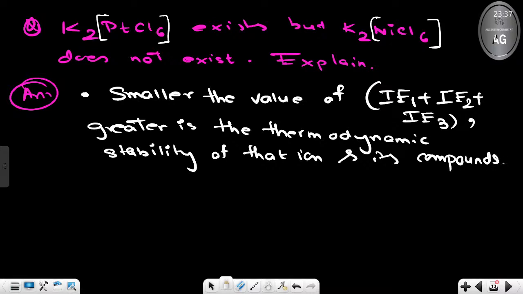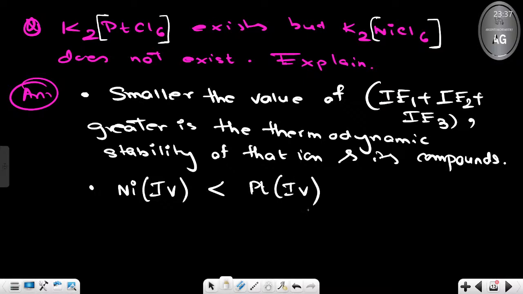Did you understand? So by summing IE1 plus IE2 plus IE3, the lower the value that comes, the more stable it will be. So for the same reason, Ni4+ has a higher value than Pt4+.